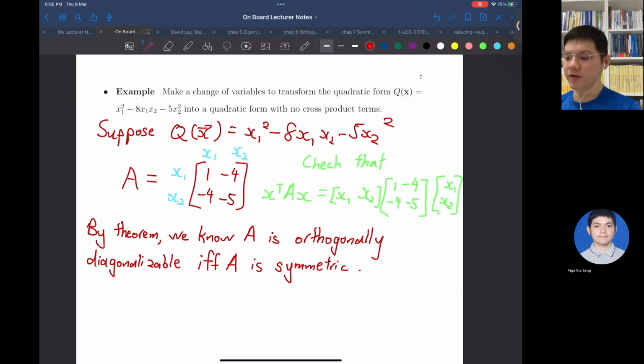Okay, so since for quadratic form you always get a symmetric matrix, it is always orthogonally diagonalizable.